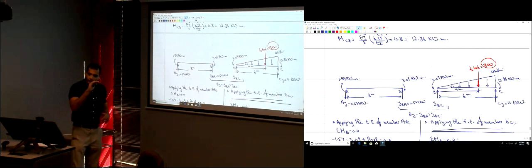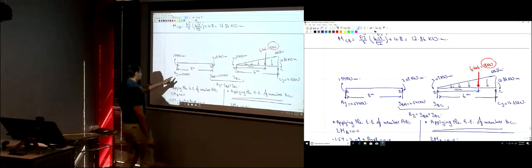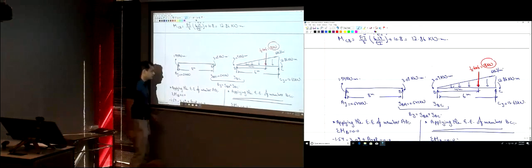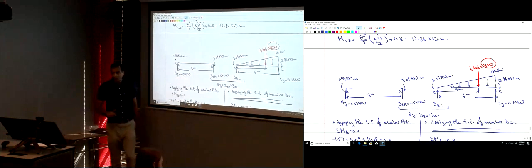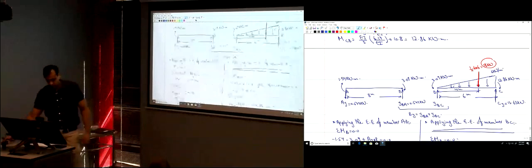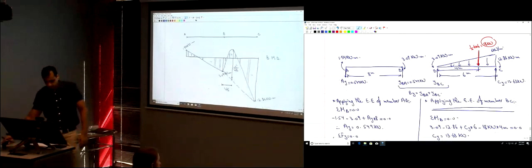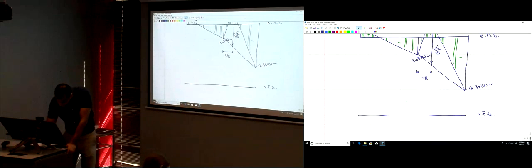You go down with the forces going downwards, and you go up with the forces going upwards. So I'm starting from the left side. Here we have AY going downwards, right? So I'm going to go down to 0.579.